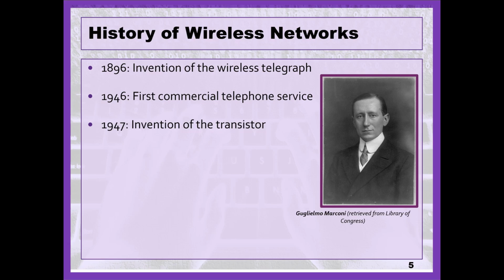The invention of the transistor in 1947 by three American physicists, John Bardeen, Walter H. Brattain, and William B. Shockley at AT&T Bell, was revolutionary as a viable alternative and eventual replacement to the electron tube.